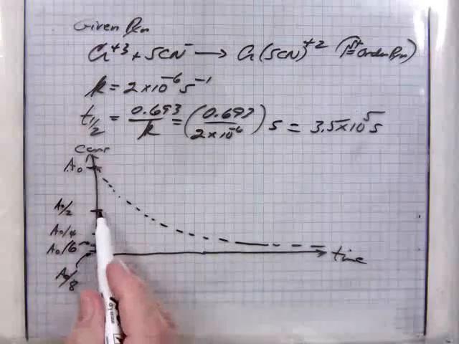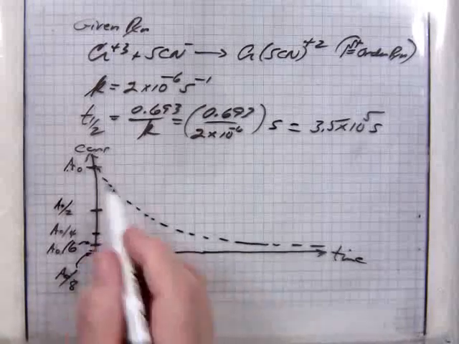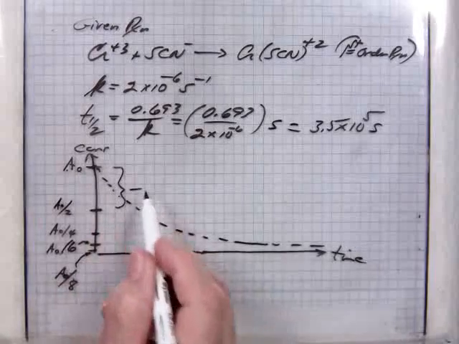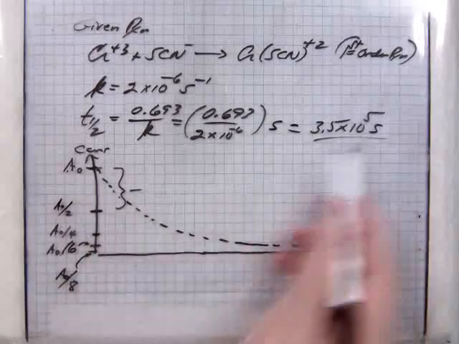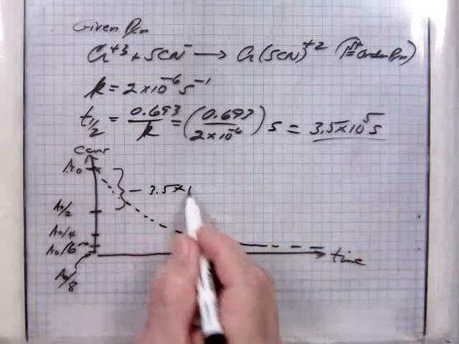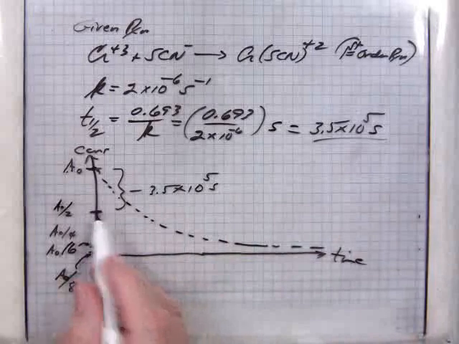So you can see how it kind of squeezes down exponentially as you go. But understand, each one of these is constant. So here's the first half-life, 3.5 times 10 to the 5th seconds. This is 50% remaining.